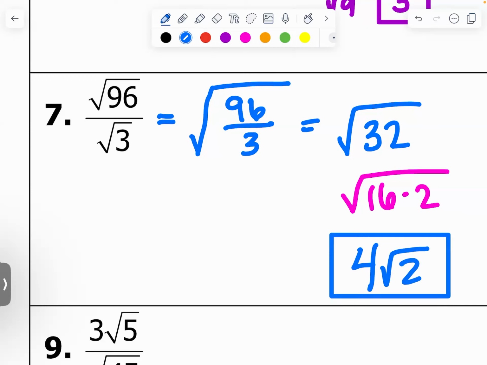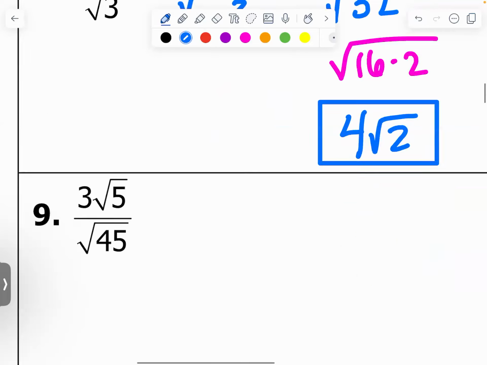So, now, here's the deal. Some of you are like, ooh, I can get around some things. I have some shortcuts that I can use, but here's the deal. We are not allowed to leave a radical in our denominator.